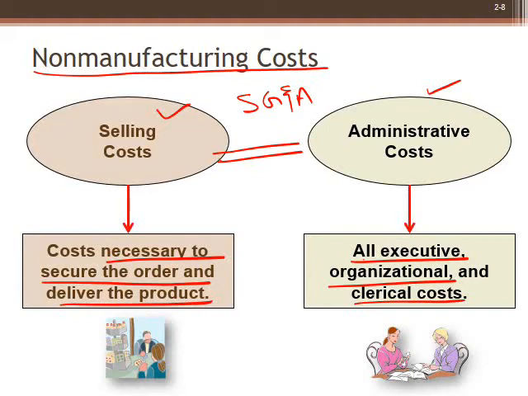One example of administrative costs is the salaries of head office staff, which belong to non-manufacturing cost.